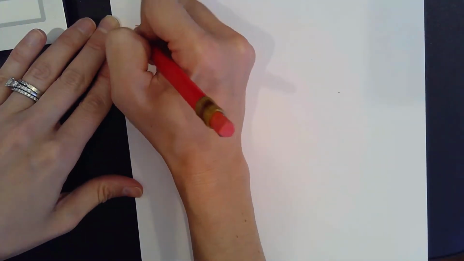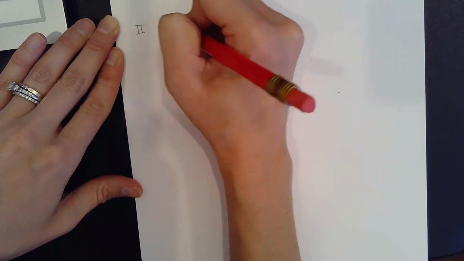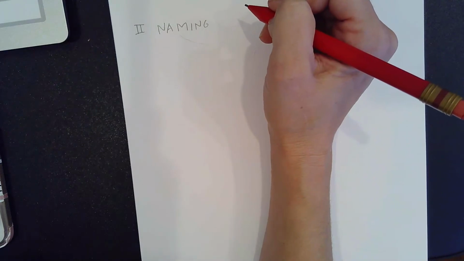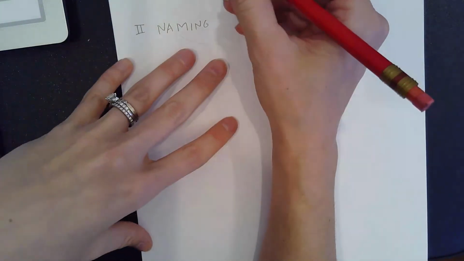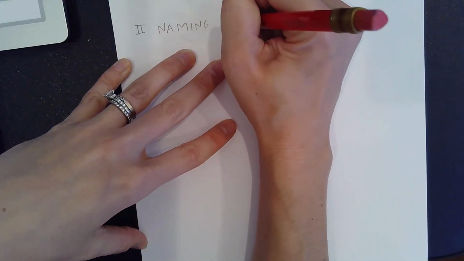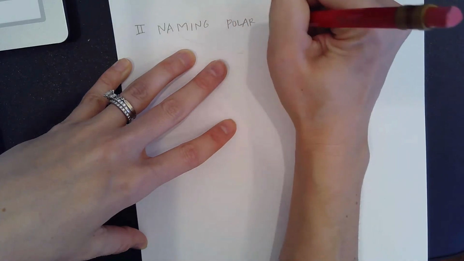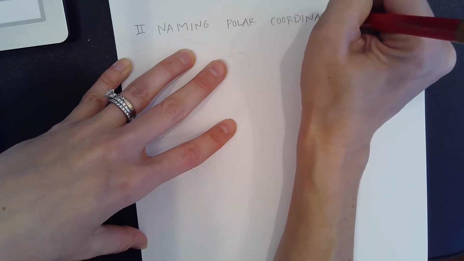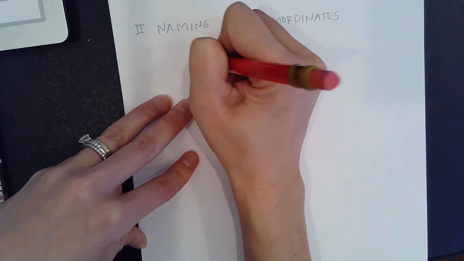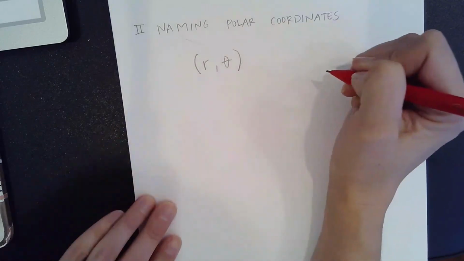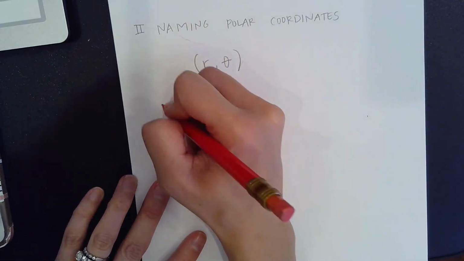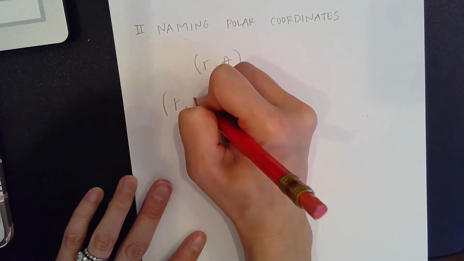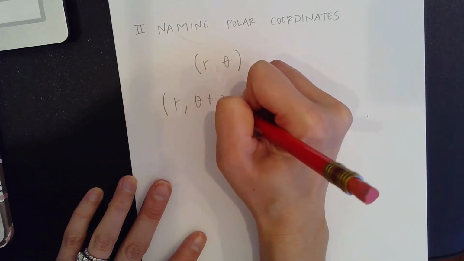When we name our polar coordinates, we can have different polar coordinates that represent the same point. If I'm given this polar coordinate (r, theta), it can also be represented by (r, theta plus 2n pi).